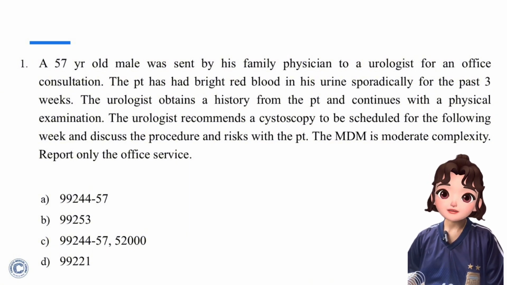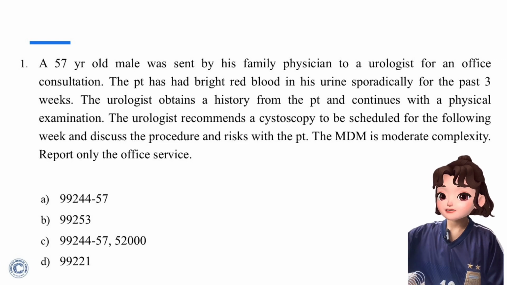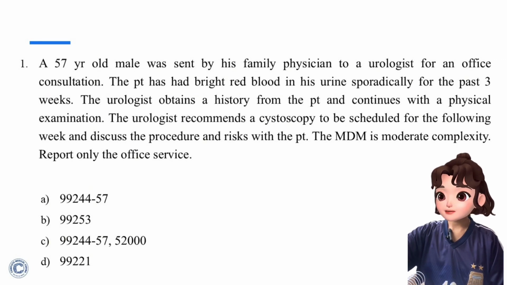What is modifier 57 used for? Modifier 57 is used with an E&M service performed during the preoperative period, which led to the decision to perform a major surgical procedure.